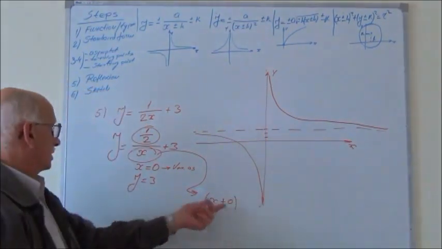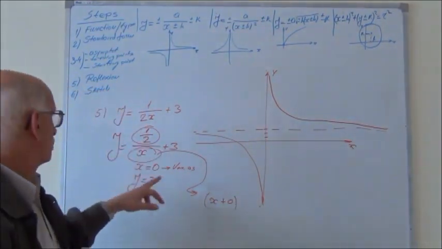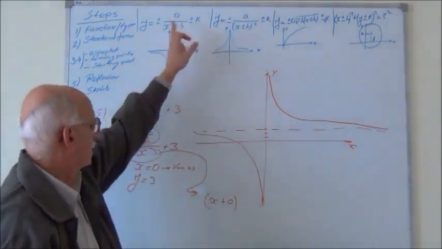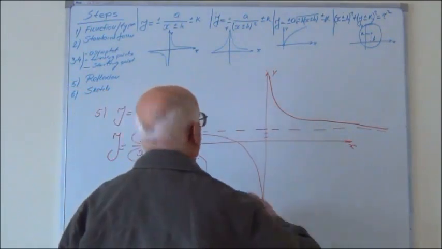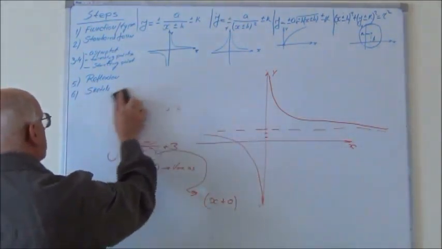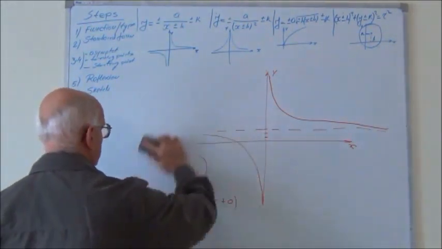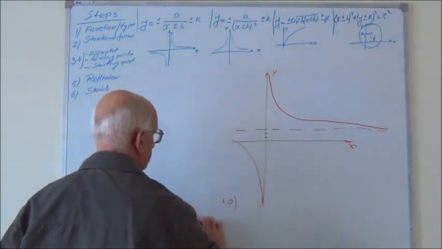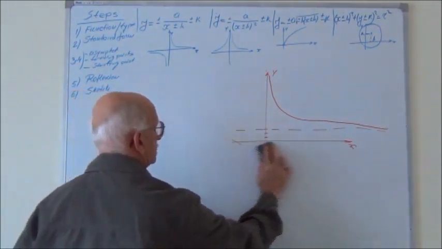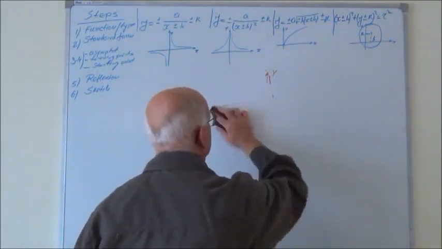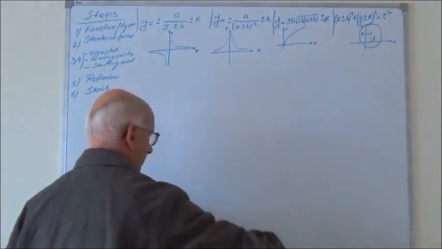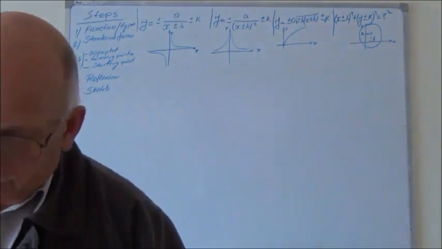So what is x plus 0? x plus 0 is nothing else than x. So obviously, h is 0. Okay. That was question 5.